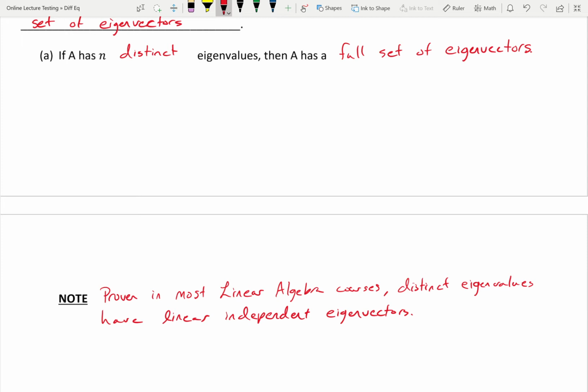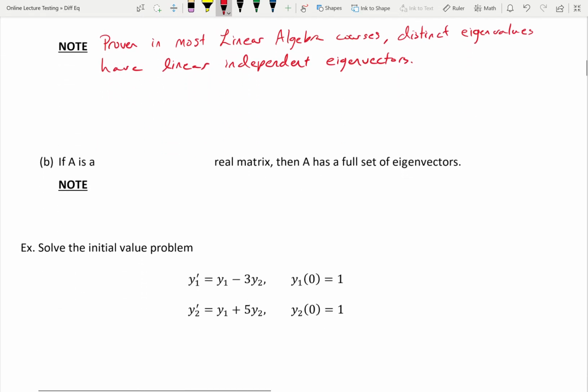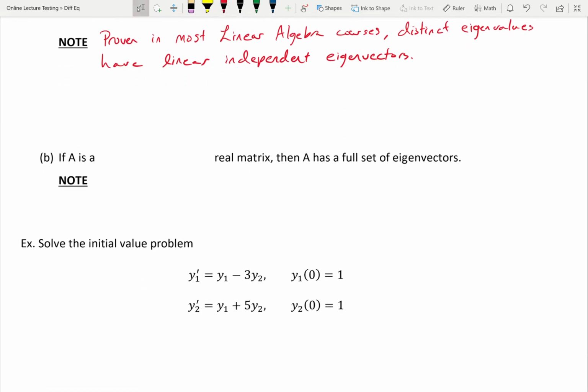All right, moving on. Case number 2 is if A is a symmetric real matrix, then A has a full set of eigenvectors. Now this is going to come up in handy in our second example.